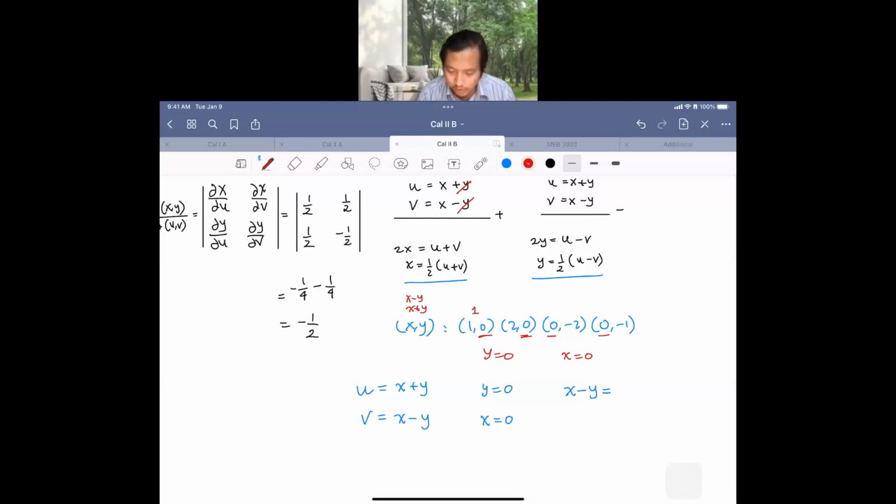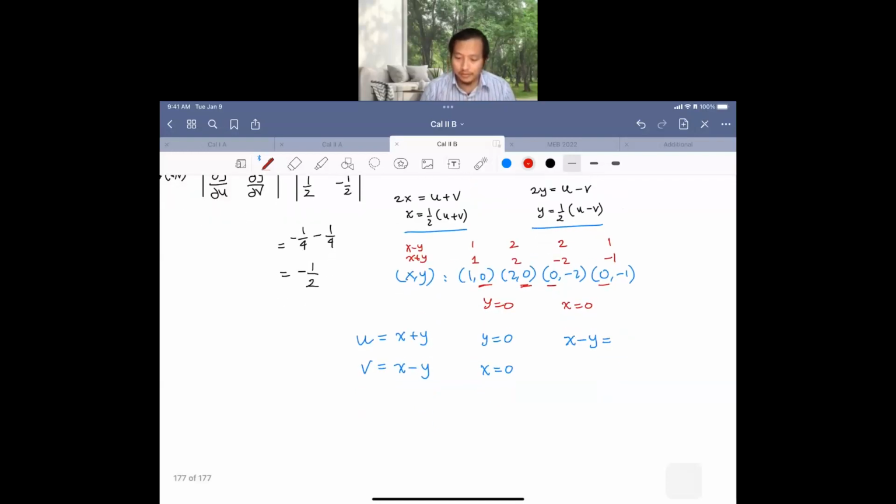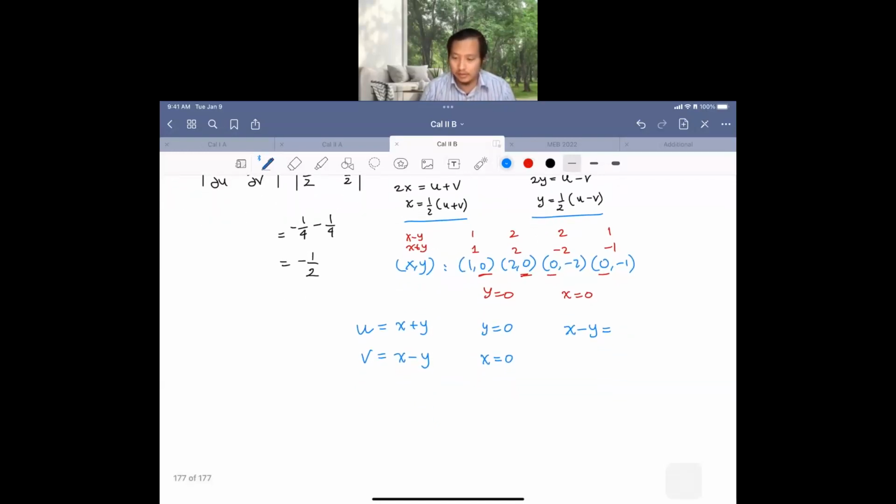So x plus y is 1, 2, minus 2, minus 1. X minus y is 1, 2, 2, and 1. So x plus y is 2, x minus y is 2, and for x equals 0, x minus y is 1.